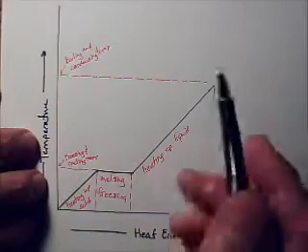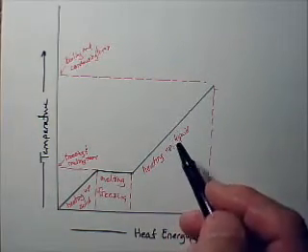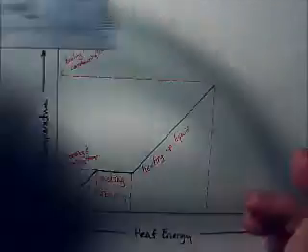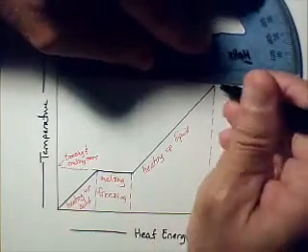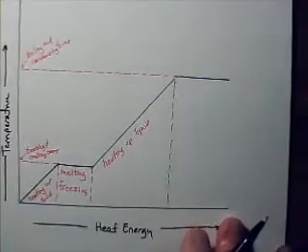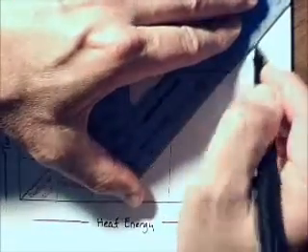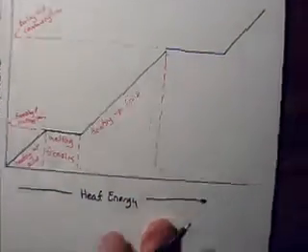Now, while we're boiling, changing from liquid to the gaseous form, this temperature doesn't go up anymore. During that time, we have another plateau. And then once we get everything into the gaseous form, well, then we can continue to raise the temperature.